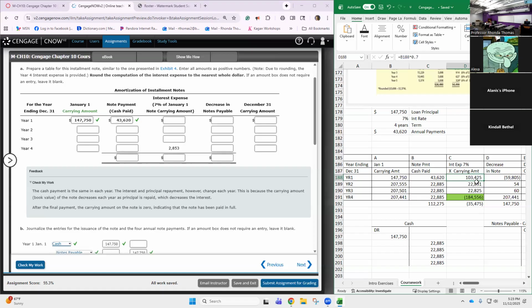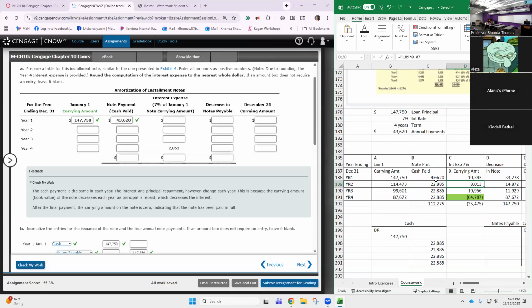I need to make this 7% all the way down through here. So 0.07, 0.07, not 70%. Now here's where things can get really messed up. I put in 70% as my interest. That's not true. It's 0.07. If you get some large number that doesn't make any sense, check that.